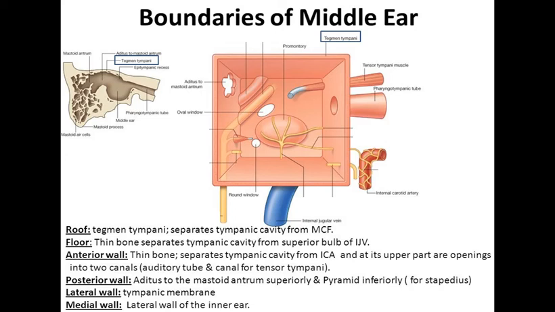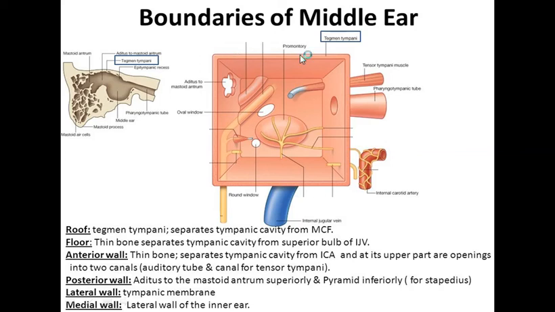Okay, so first of all you have to get oriented that this view is from the outer ear, right? So we see the lateral surface. Here we have removed the tympanic membrane, right?